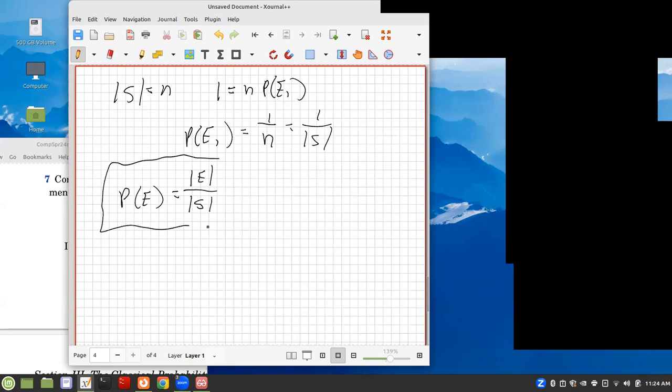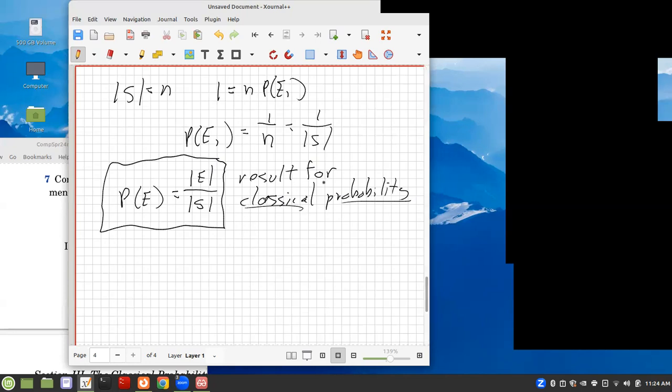So this is sort of the end result for the classical probability model. And it enables you to understand all the probability concepts in a concrete context where you know what the numbers are.